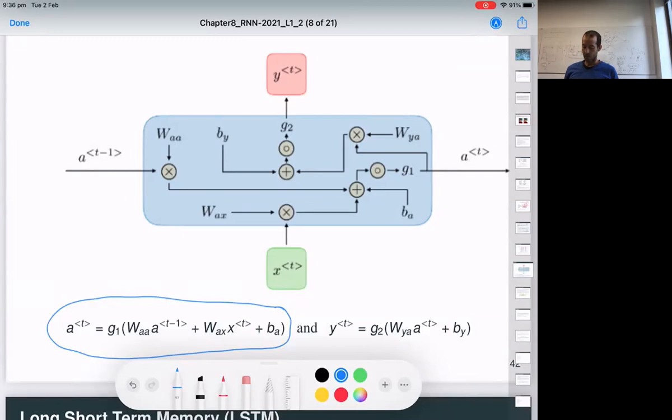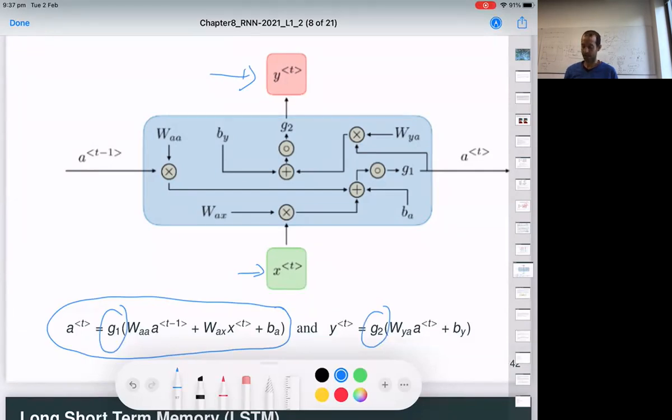So this is a representation of our RNN with a gate. You have your input, you have what we want to predict, and you have a function, which is generally the sigmoid or the tanh or whatever, and the activation function for your prediction, which is generally a softmax in language processing.